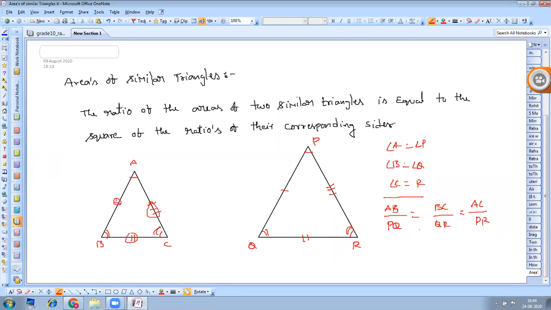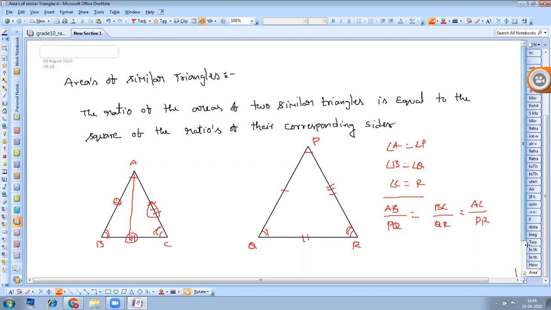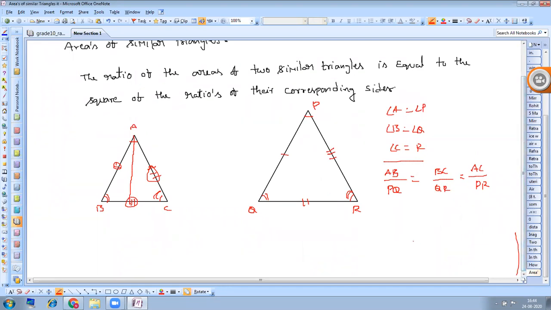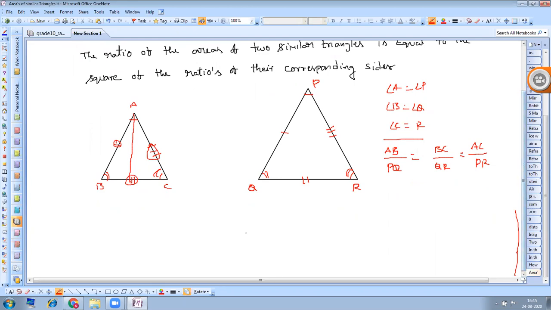So in this case, what he is trying to say is, if I am taking the area, half into base into height of the first triangle, how can I relate it to the ratio of the sides? According to this theorem, we can write this formula.